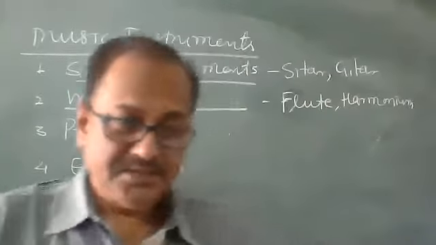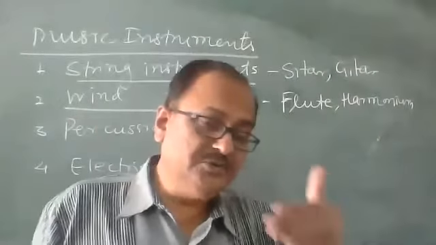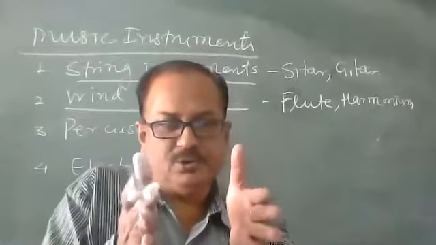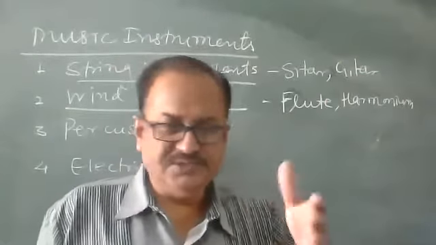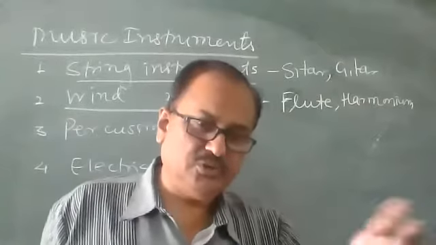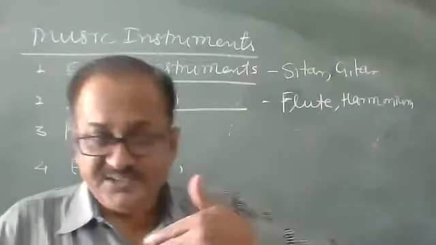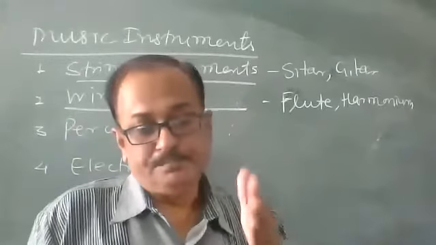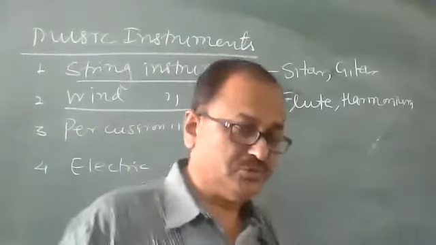They work with the amount of air. Harmonium has a box. There is a flap, and by doing this, the person increases the quantity of air entering inside the harmonium, and sound is produced.